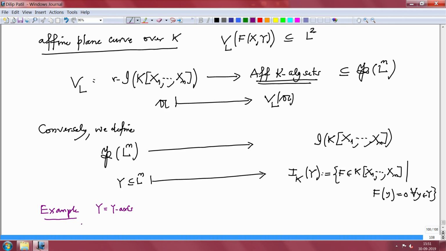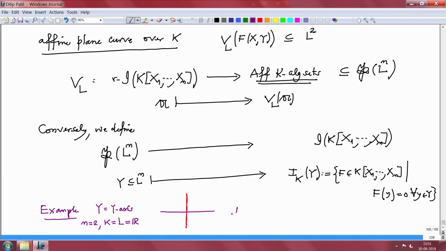That means I am in n equal to 2 and if you like K equal to L equal to R in this case. Usually it is easier to take this case because we can draw a picture from which we can get an intuition. So, pictorially it is the y axis. Now what is this set? Let us write down the definition.